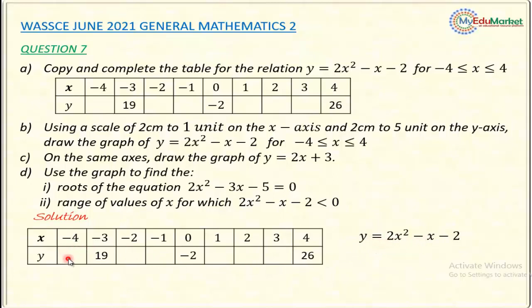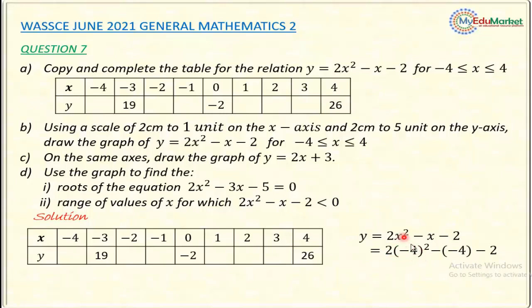So first, to get y over here, I will replace x by -4. Whatever I have finally will be the corresponding value of y when x is -4. So substituting x by -4, I'll have 2 multiplied by -4 whole squared.